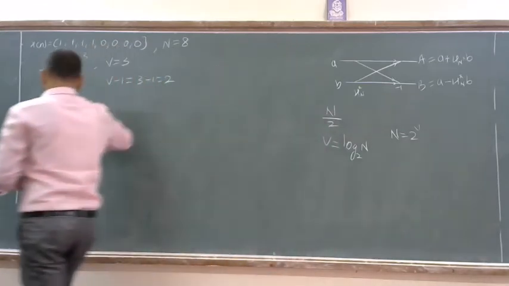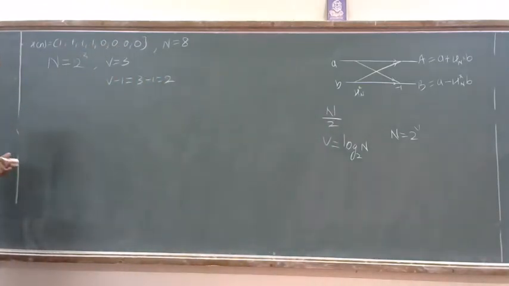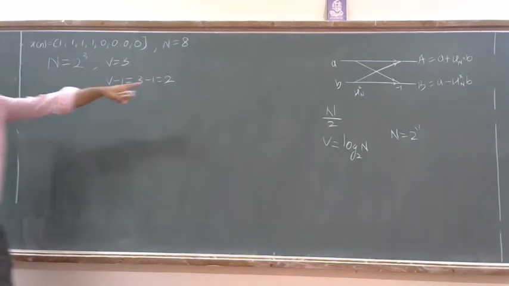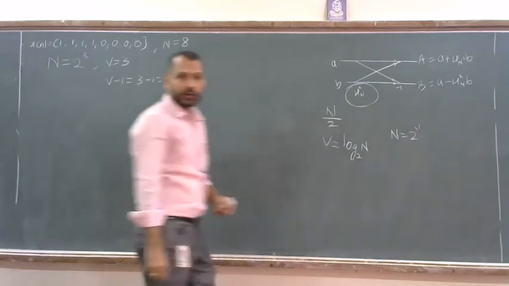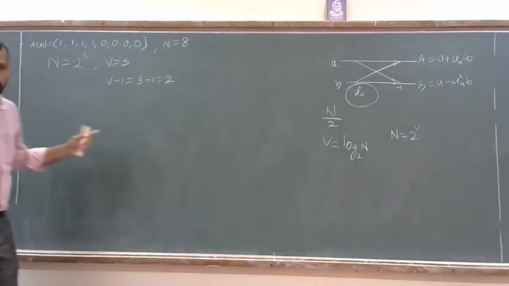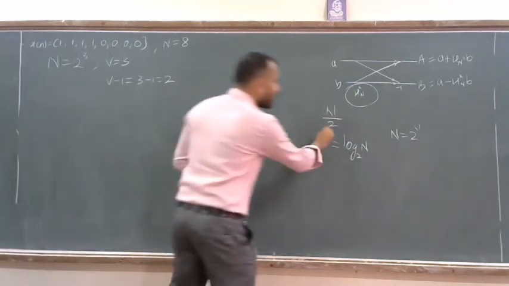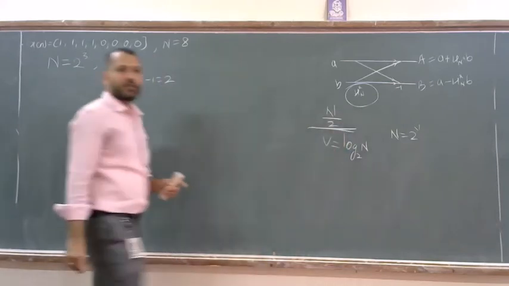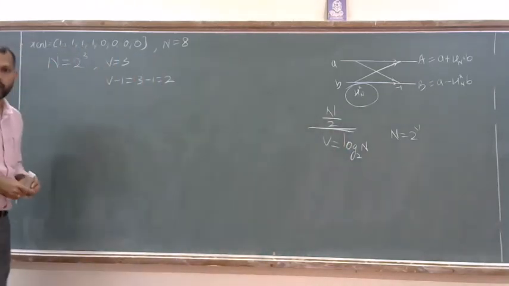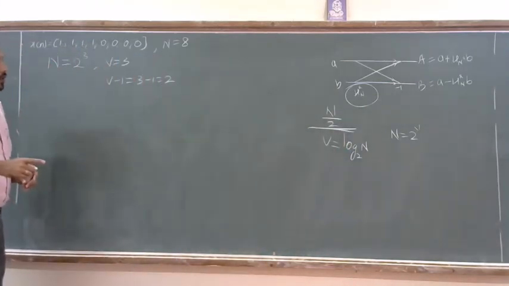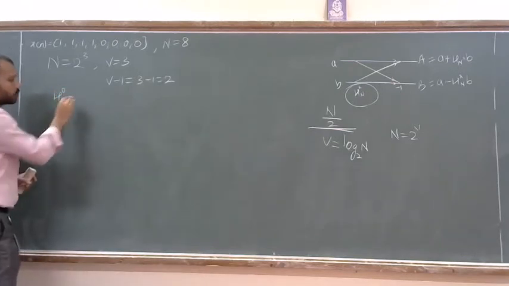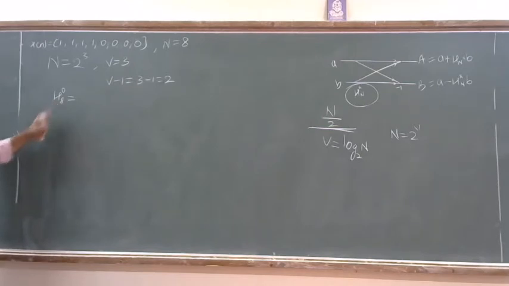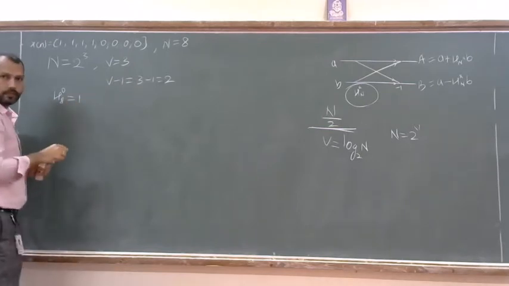And along with this, now to develop the signal flow graph, we will be needing these twiddle factor values. For N equals 8, we'll be using N by 2 number of twiddle factors. And those twiddle factors are W80, and the value for W80 is 1.